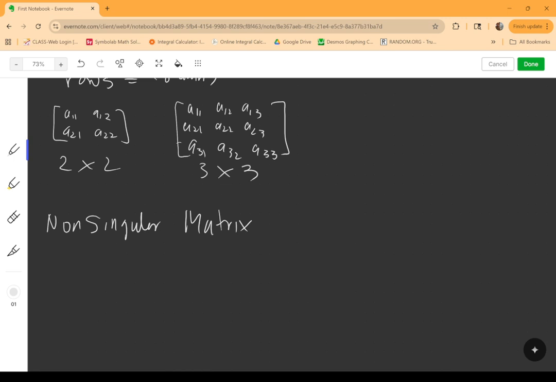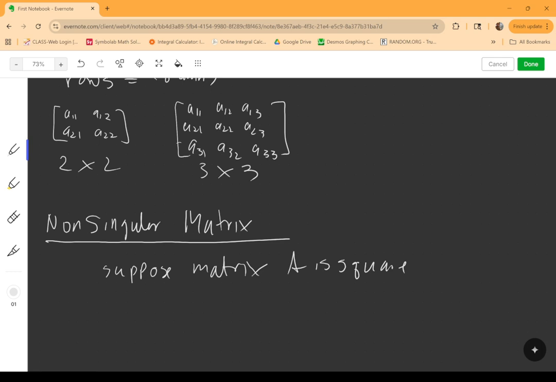So a non-singular matrix applies to a matrix A. We suppose matrix A is square, and suppose also that the solution to the linear homogeneous system is the zero vector only.